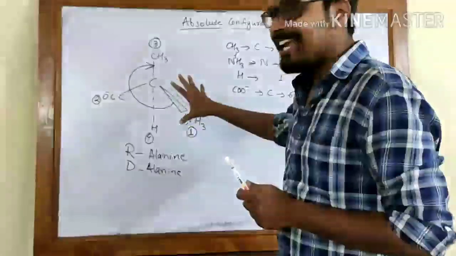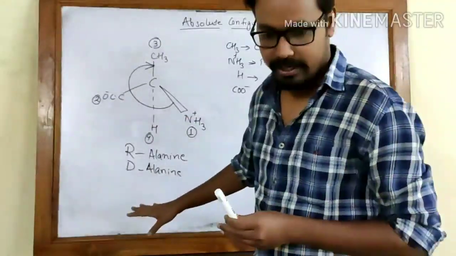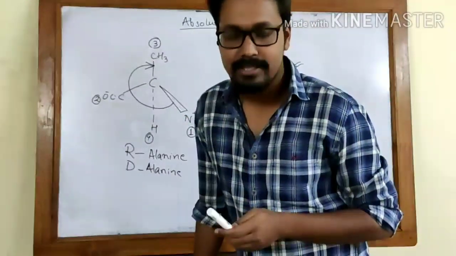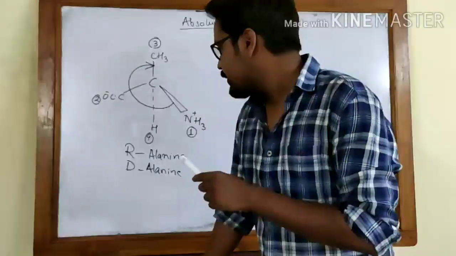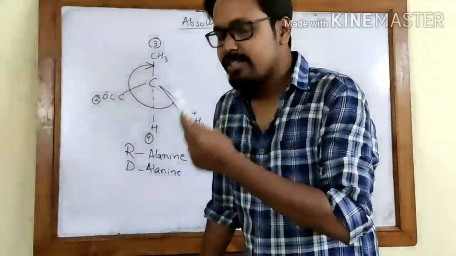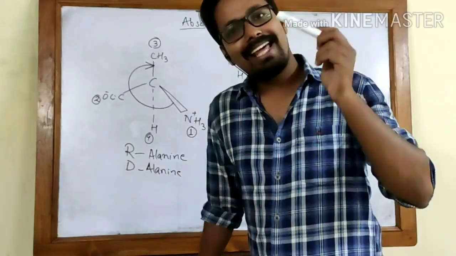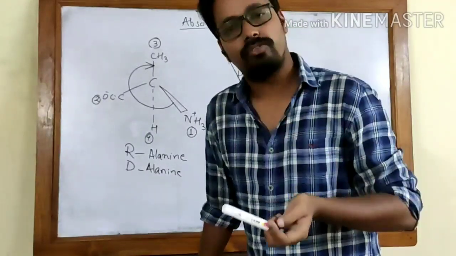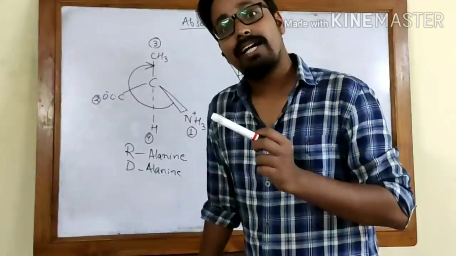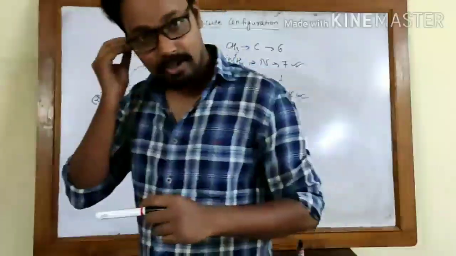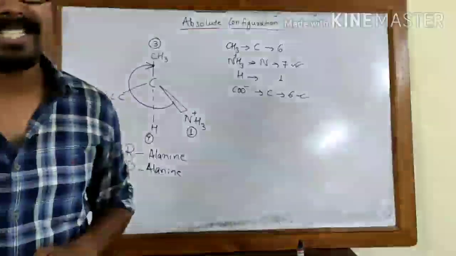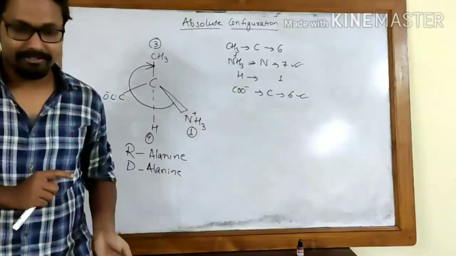Now, all the L amino acids, all the L configurations, have the S configuration, and all the D amino acids have the R configuration, except for cysteine. Cysteine is different.